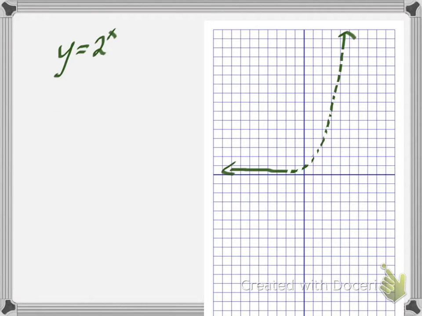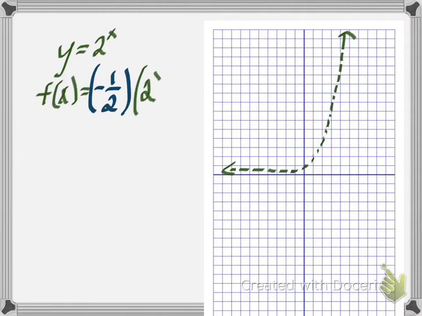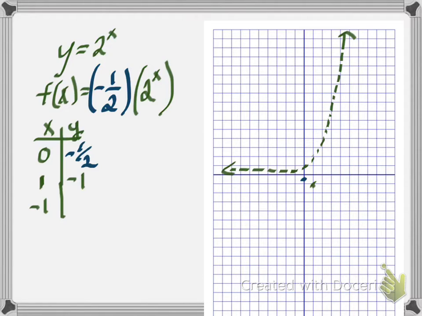So again, we're just going to continue with this basic parent function so you can see the transformations. Well, what if the a value is negative 1/2? Well, if x is 0, then it would be negative 1/2 times 1, which is negative 1/2, and I've plotted that as best I can. If x is 1, then of course we have y being negative 1.